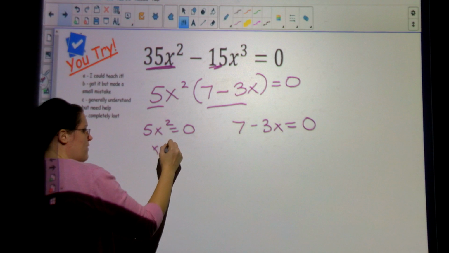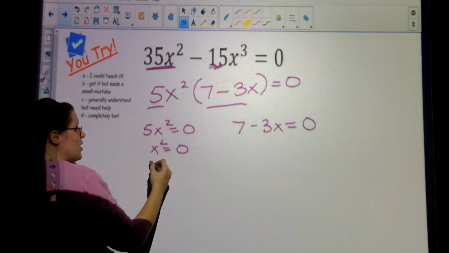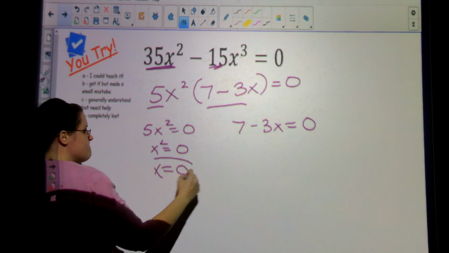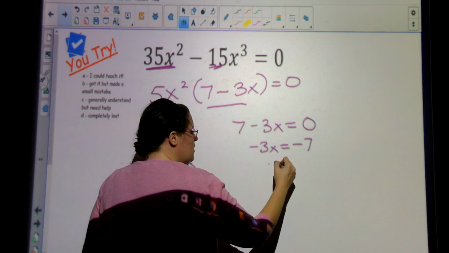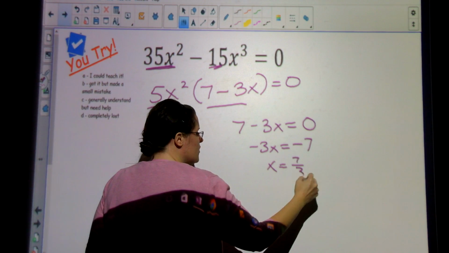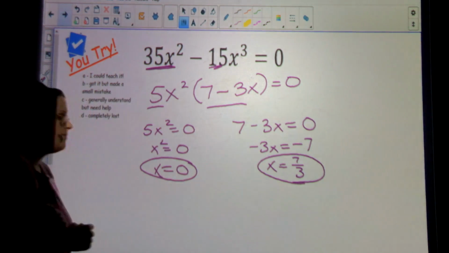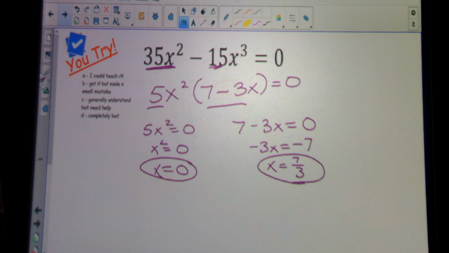Divide by 5. Plus or minus square root, you still get 0. Subtract 7. Divide, I get 7/3. There you go. No decimals, remember. We want exact answers, either square roots or fractions.